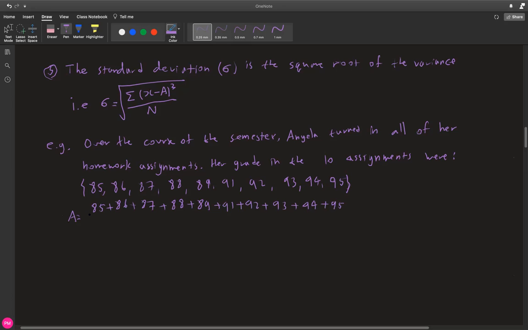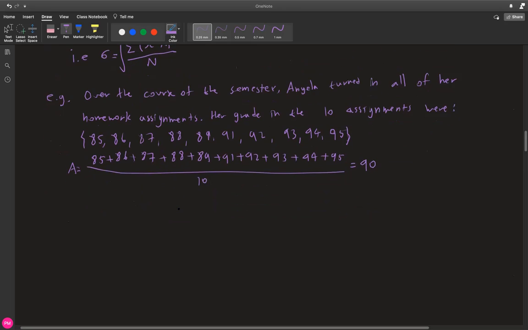And by dividing everything by 10, because there are 10 assignments, you would receive 90. So this means that her average score in this class with 10 assignments is 90 out of whatever it is. So that was the first step done. We denoted the average as A, and that is 90.